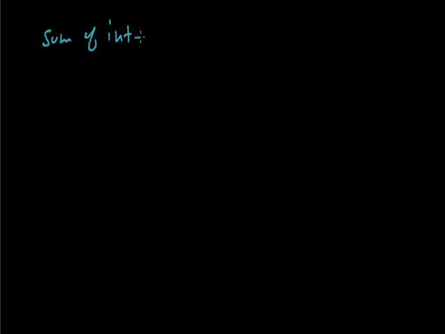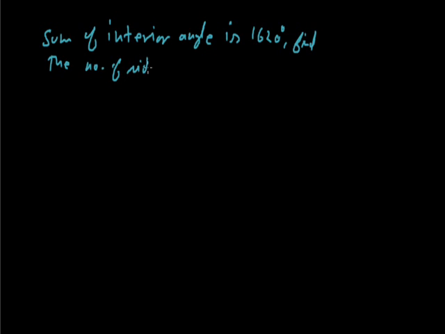Now the next question: if the sum of the interior angles is 1620 degrees, then find the number of sides. As we know, the sum of the interior angles of a polygon having n sides is (n minus 2) into 180, which is given in the question as 1620.